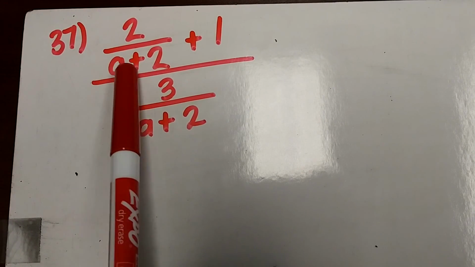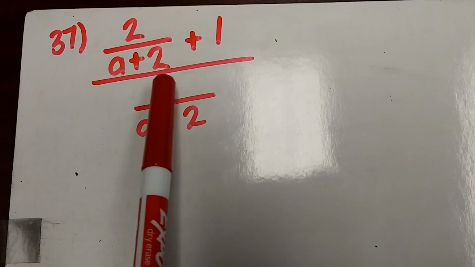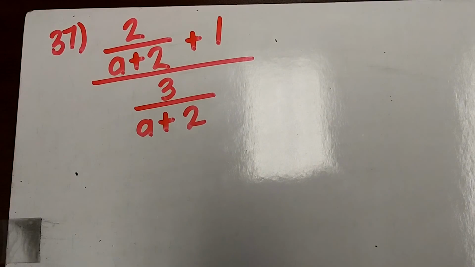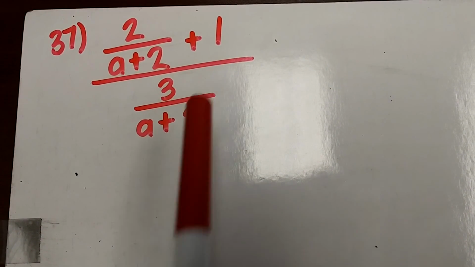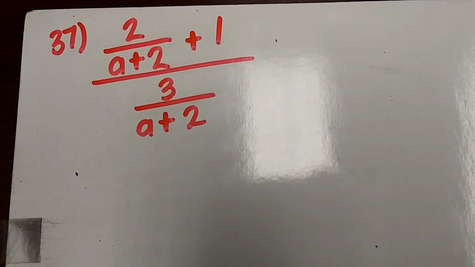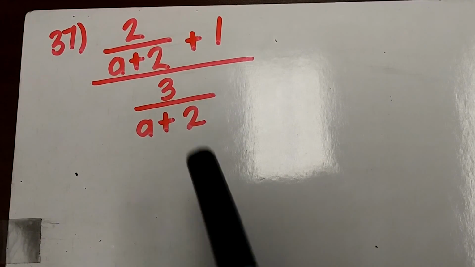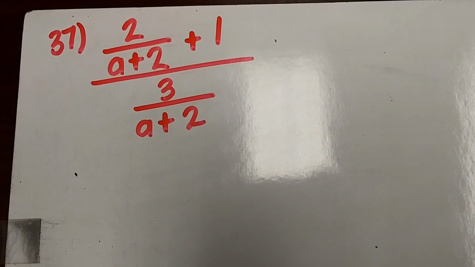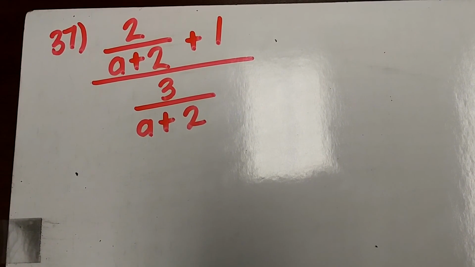I see the first part above my fraction bar, and I see this part here above my fraction bar there. I see two parts. What is my LCD? The only denominator I see is a plus 2. That's my LCD.